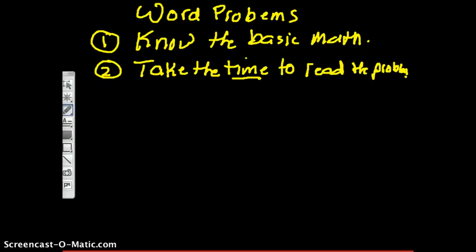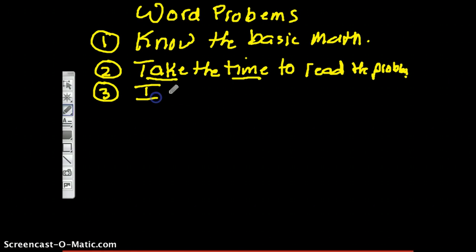You're too busy. So that's why I say take the time to read the problem. That is crucial. My suggestion is if it's a new assignment, read the problem from beginning to end and even read it out loud, because it forces you to slow down a little bit. So take the time to read the problem.